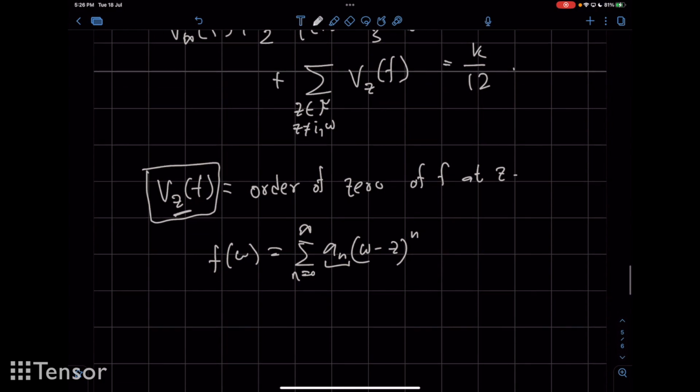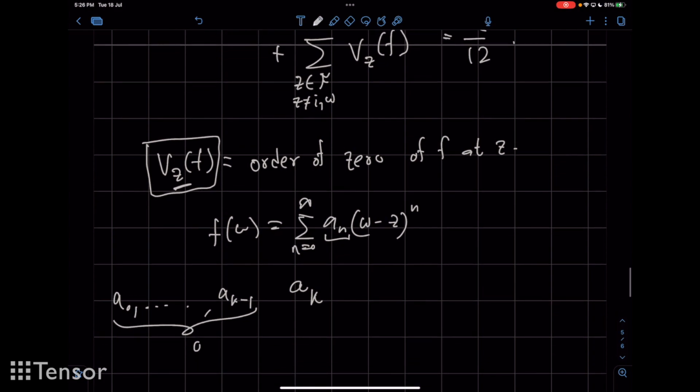Say a_k is the first coefficient that is non-zero, which means all the coefficients from a_0 up to a_{k-1} are zero.